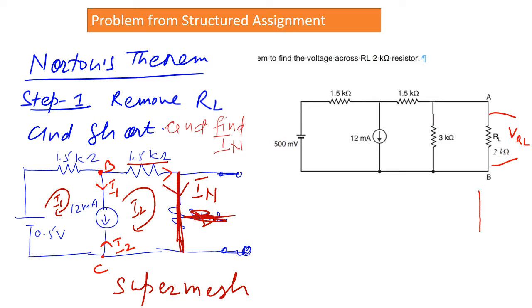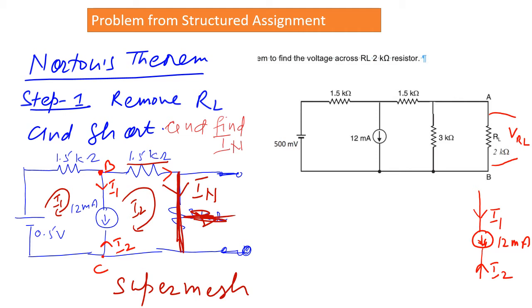Now if you see this current source, the direction of the current is going like this, and this going like this, and the value of this is 12 milliampere. And from here the current is coming I1, and from here the current is going I2.